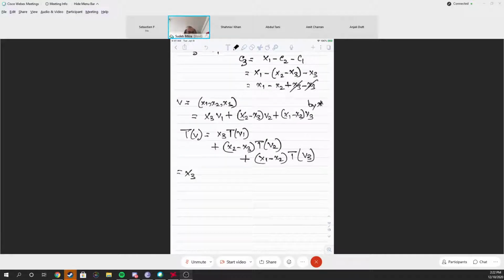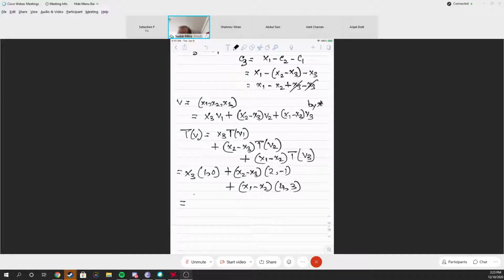x3 TV1: TV1 is 1, 0, plus x2 minus x3 TV2: TV2 is 2, minus 1, plus x1 minus x2 TV3: TV3 is 4, 3. Okay, you are done. So take the coordinates. There are only two coordinates.